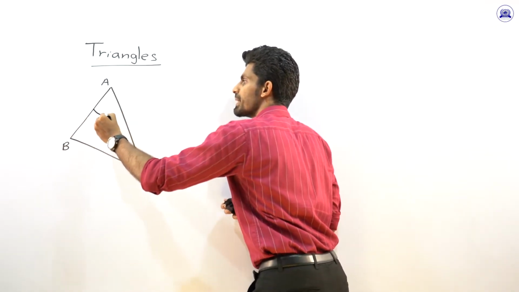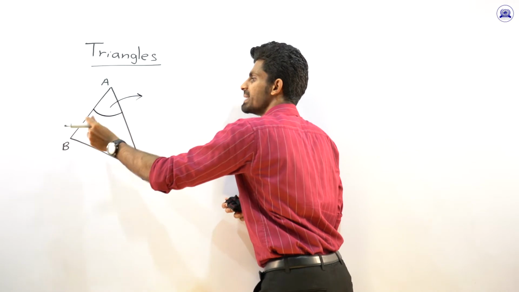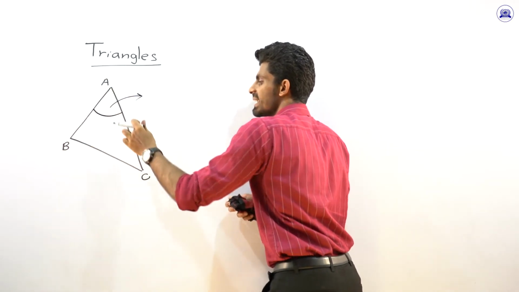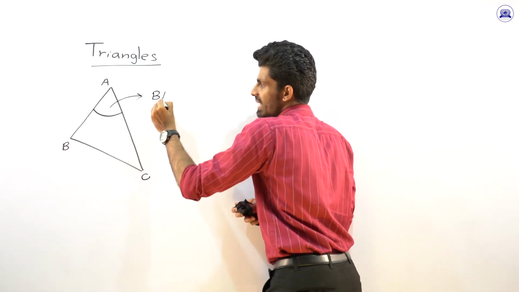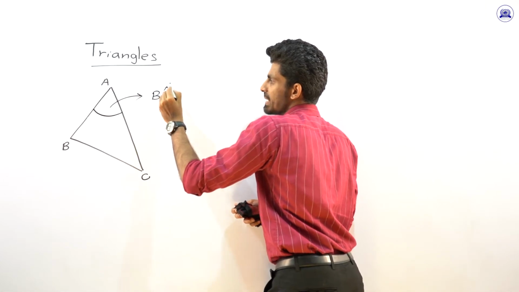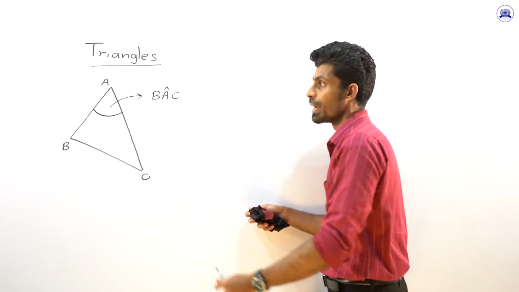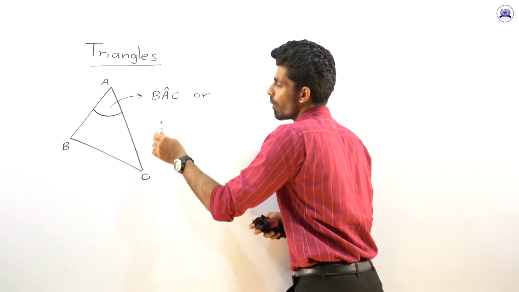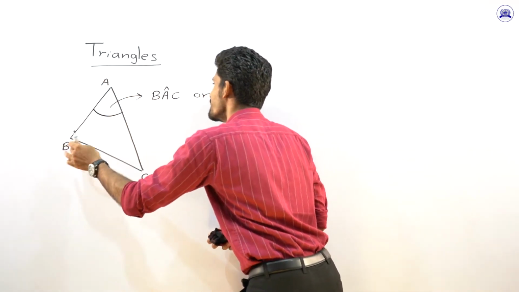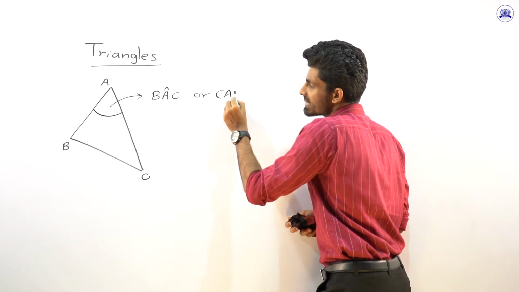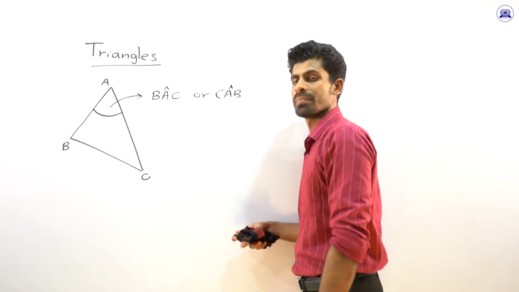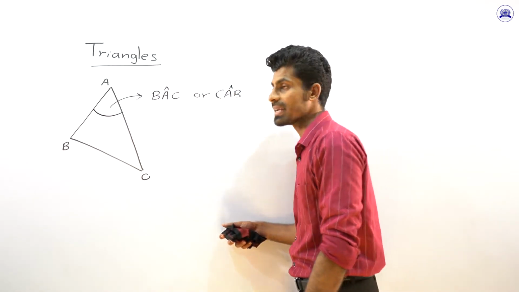Let's find this angle: BAC. We use the angle symbol for angle A. It can also be written as CAB. Both methods are correct, right?